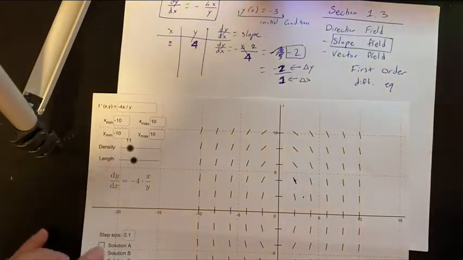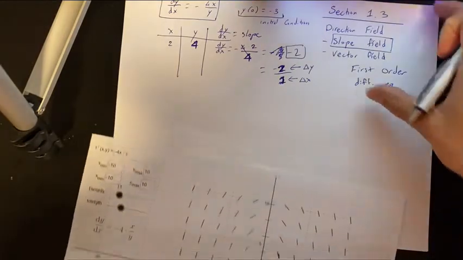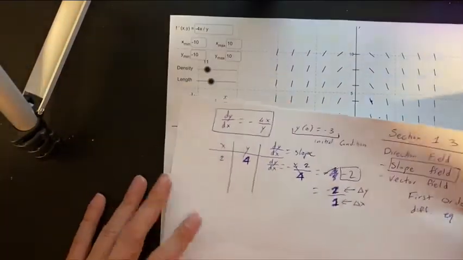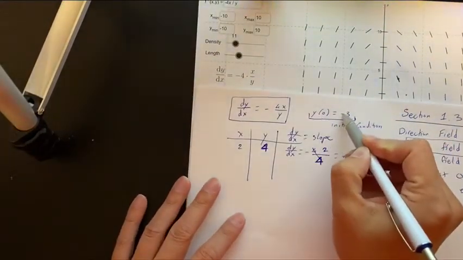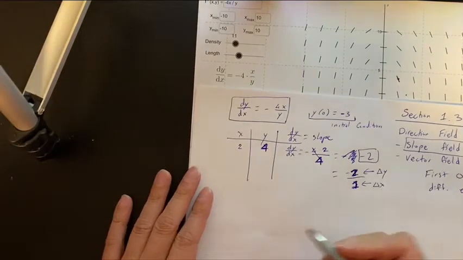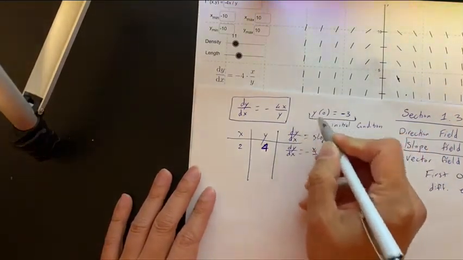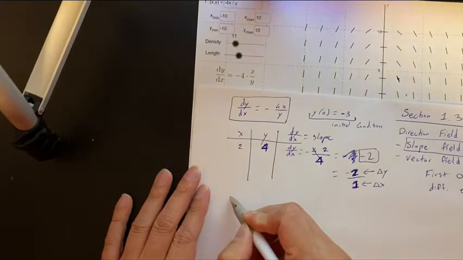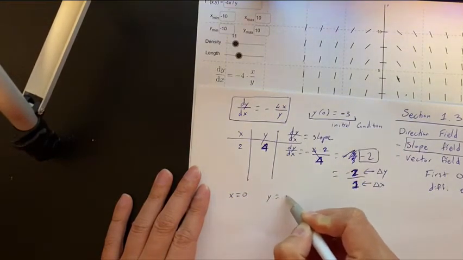And the question is, sketch a few solution curves. And we're given three choices. You know that y of 0 is negative 3, which means that your solution curve should contain that point. So one thing you know is that when x is 0, we have y being -3.